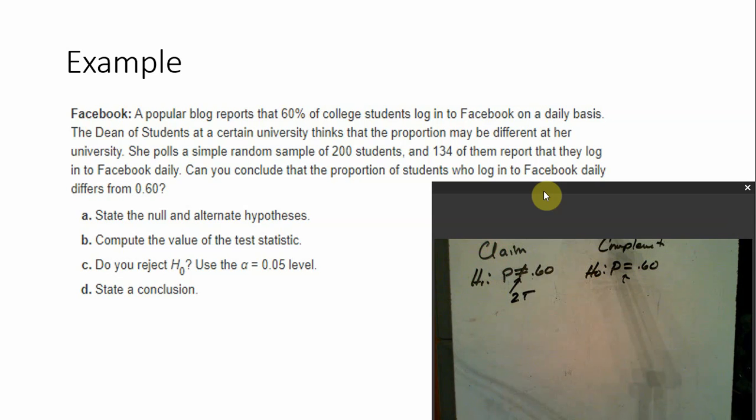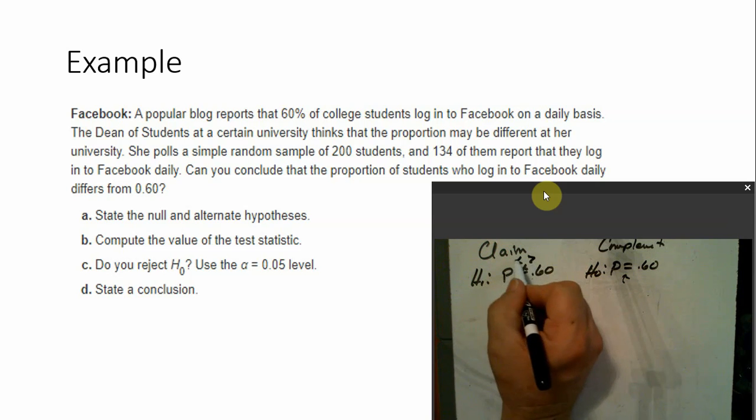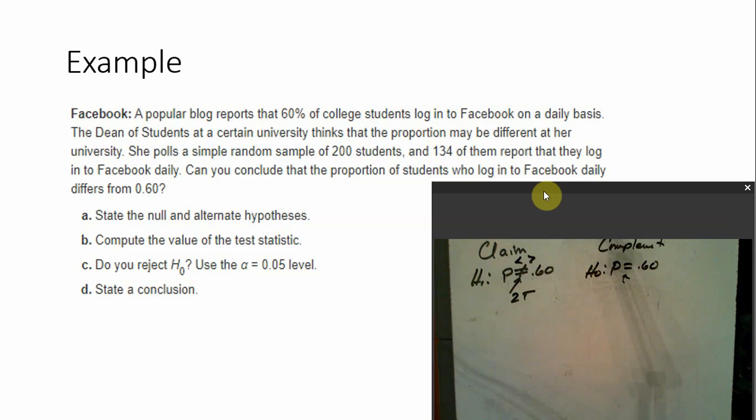It's actually less than or greater than. This could be over here or over there, and that tells us the test. So there's our null and our alternate for part A. We need to compute the value of the test statistic, but let's set everything up first.